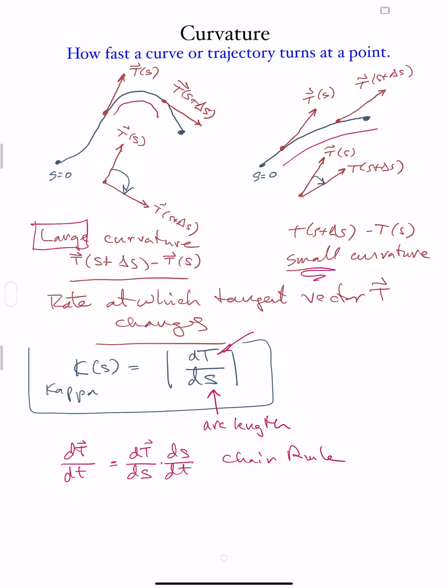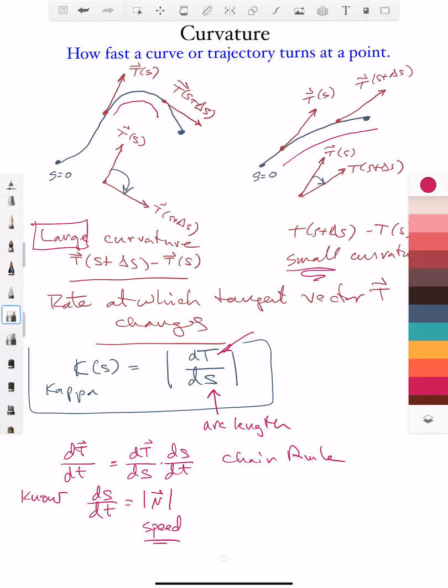We already know that the change in arc length with time is the magnitude of the velocity, or the speed.